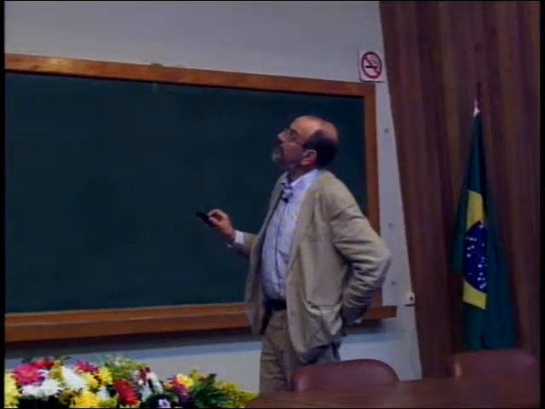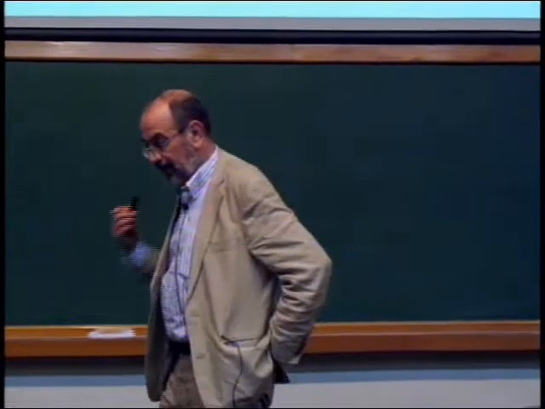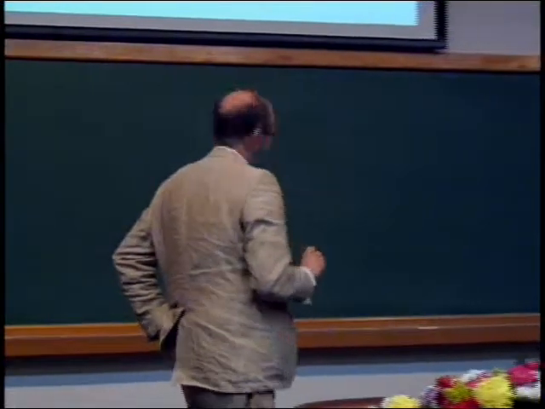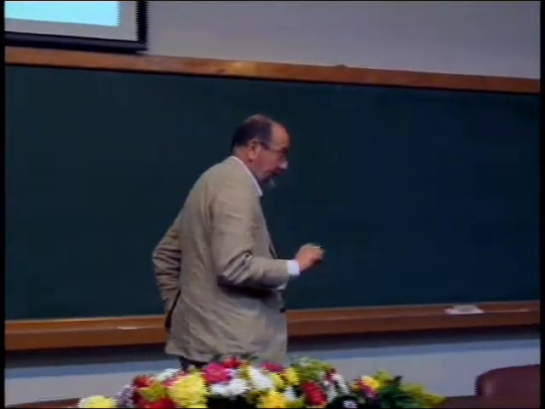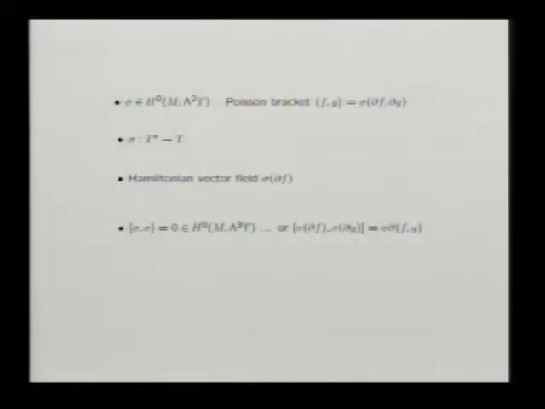And the answer involves Poisson geometry. So here I'm thinking of holomorphic Poisson geometry. And what does that mean? I'm still within the realm of complex manifolds. So what is a Poisson manifold in this holomorphic sense?